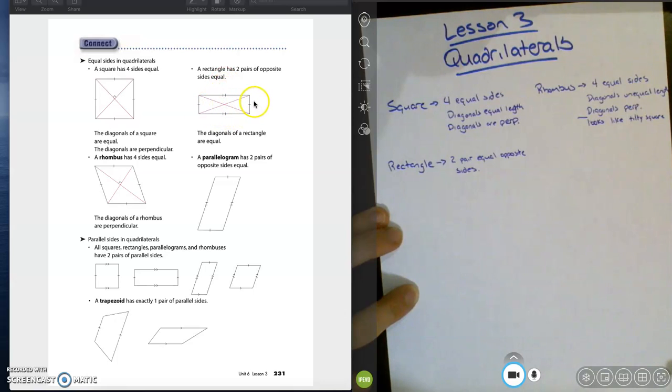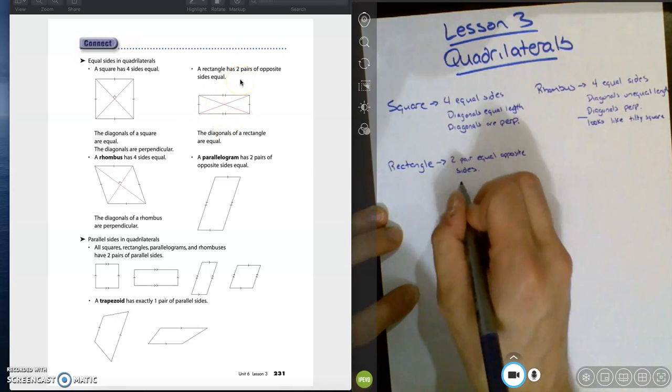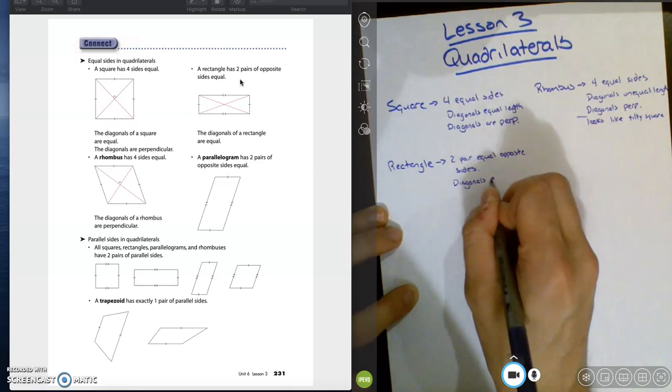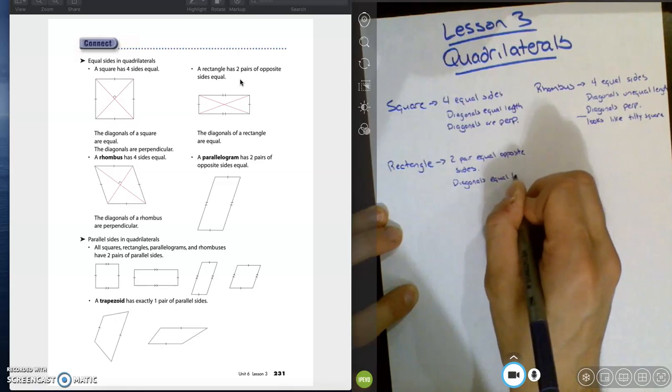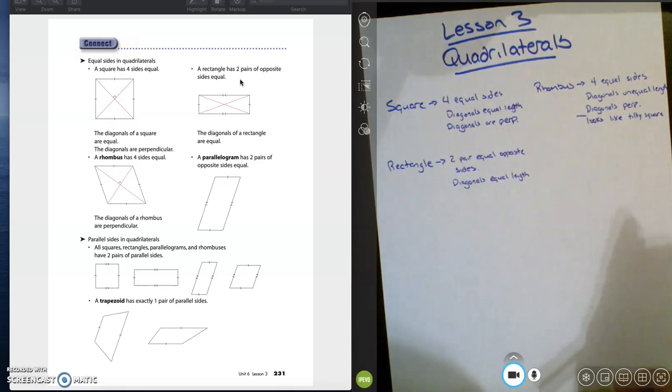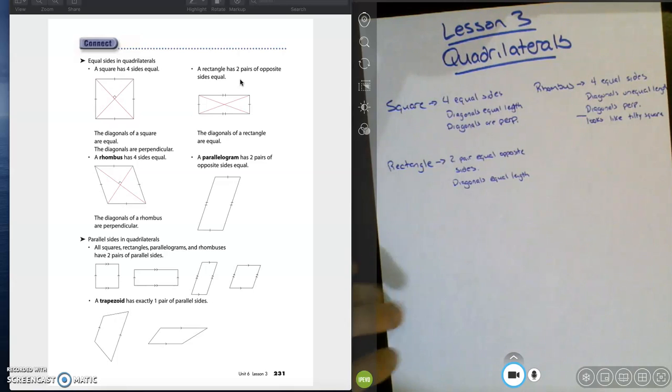So the rectangle has that. It has diagonals, and the diagonals are equal length. But we're not going to worry about them being perpendicular. If they were perpendicular, that would make it a square, which is not the case. So that was pretty easy. We know what rectangles are.